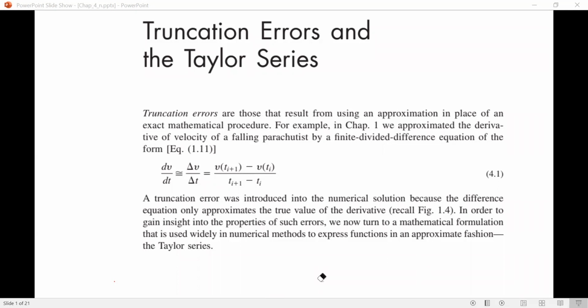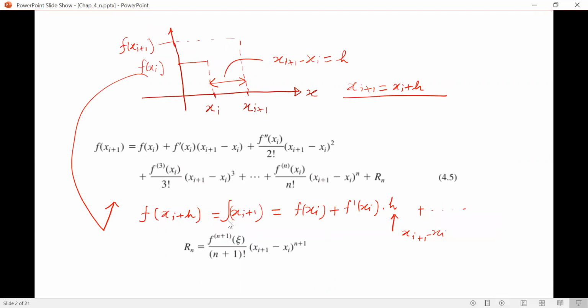That means if we have a function, for example f(x), where x is the independent variable, then at the point xi you have the value f(xi), and at the point xi minus 1 you have the value f(xi minus 1).